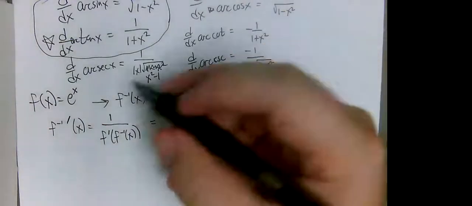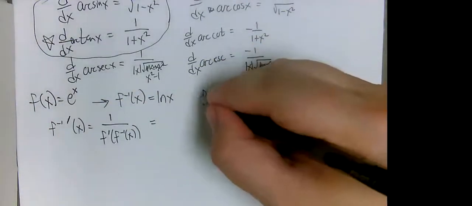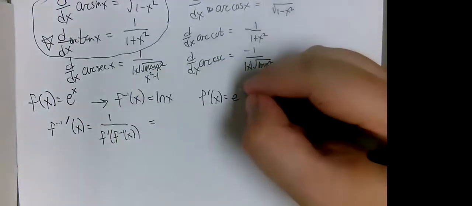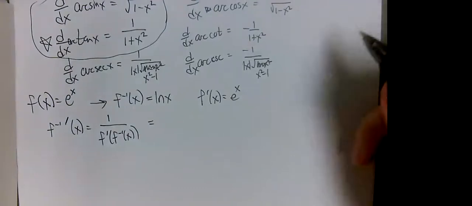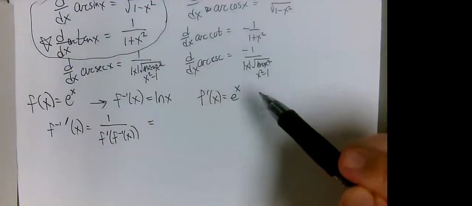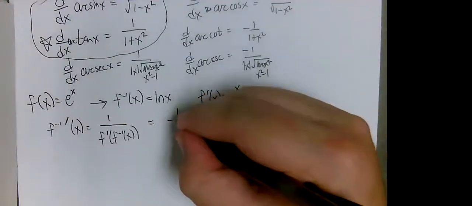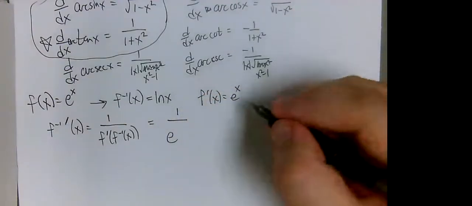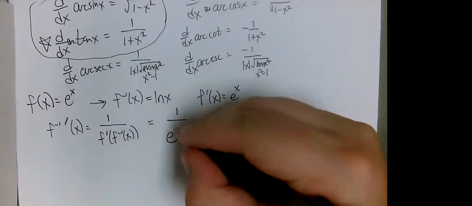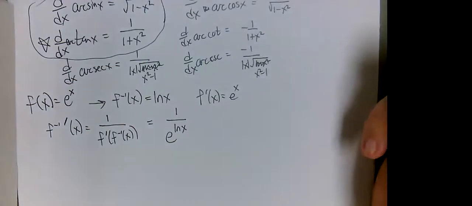Okay, well, let's see here. So f prime, the derivative of the original function, well, it's e to the x, right? So this is one of our favorite derivatives to do because it's its own derivative. So if f of x is e to the x, f prime of x is e to the x as well. This will be 1 over e, but then rather than plugging in just x, I plug in f inverse of x. I plug in natural log.